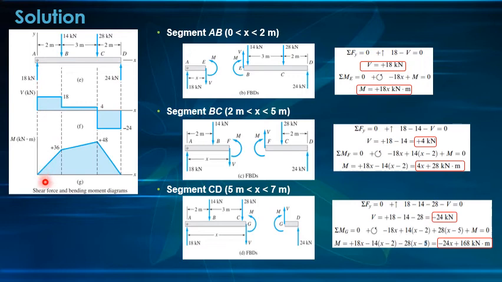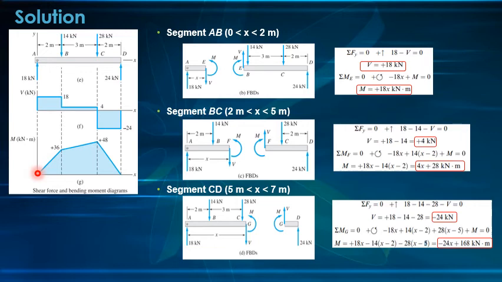So, ibig sabihin, 0 ang moment at this point. Okay? Unless, dito sa part na to, ang given na support is fixed, magkakaroon na siya ng moment at this point. So, ibig sabihin, at this point pa lang, may pataas or pababa na siyang value. Okay? But since, sabi nga, hinge nga siya dito, so 0 po siya dito.